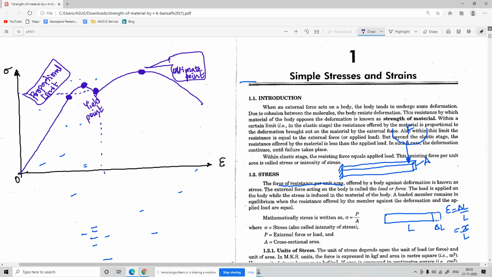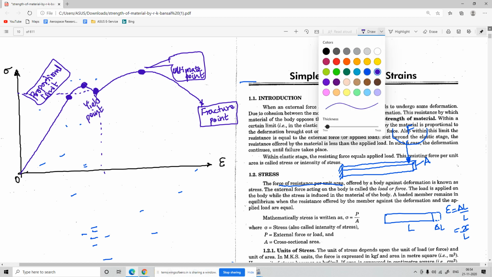After reaching the ultimate point, as we keep on giving the loading, it leads to a fracture, so it is called the fracture point, or the breaking point. Is that clear with all these points? So these are the basic points.